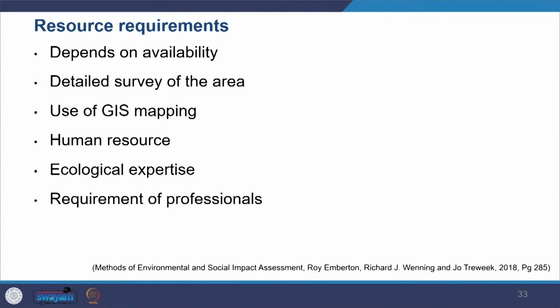You have to go and survey, which would consume a lot of time and a lot of money. If a lot of information is already available, it would reduce your time span for collecting that information. So one has to be very careful about how much they can commit.